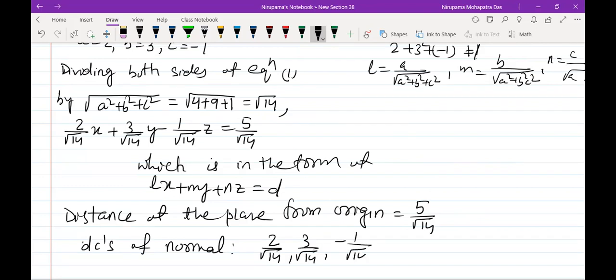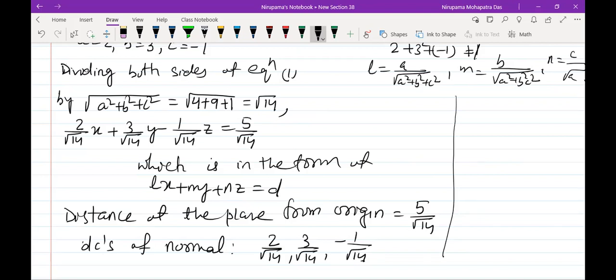You can quickly cross check and verify your answer, because as you know, L square plus M square plus N square equal to 1. So this is the way when we are given the equation in Cartesian form.